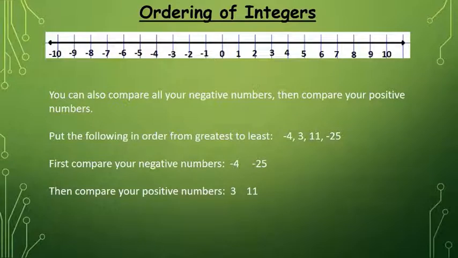Then we have to compare our positive numbers, which are 3 and 11. In negative numbers, -4 is greater than -25, and in positive numbers, 11 is greater than 3. Then we have to put them in order, which is 11, 3, -4 and -25.